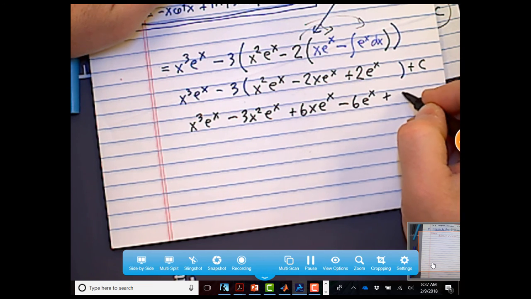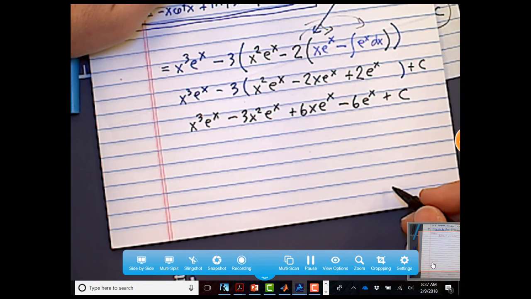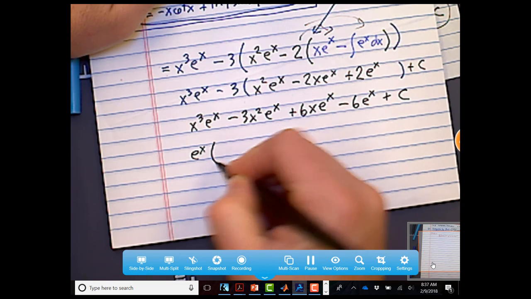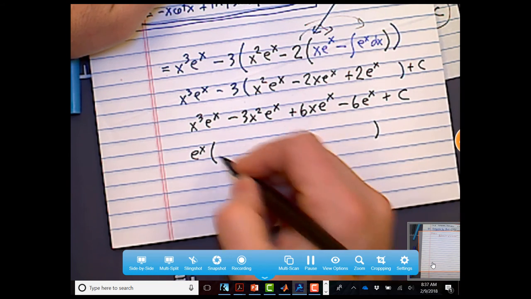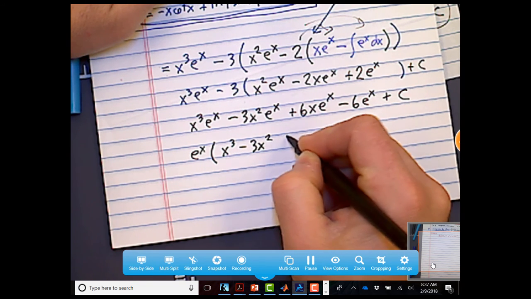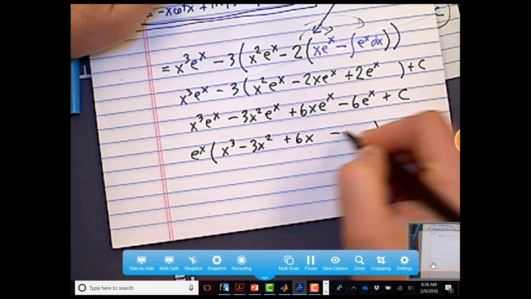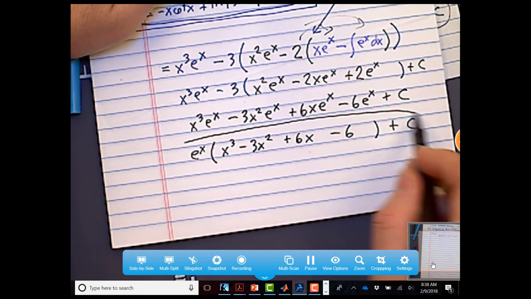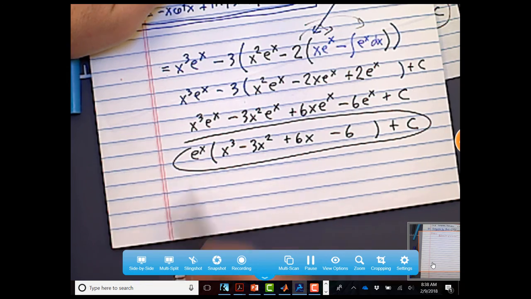And then plus c. So that answer is acceptable. I think Bob would probably write this as e to the x times (x cubed minus 3x squared plus 6x minus 6). So if you want to be like Bob, probably write it that way. But either way is okay.